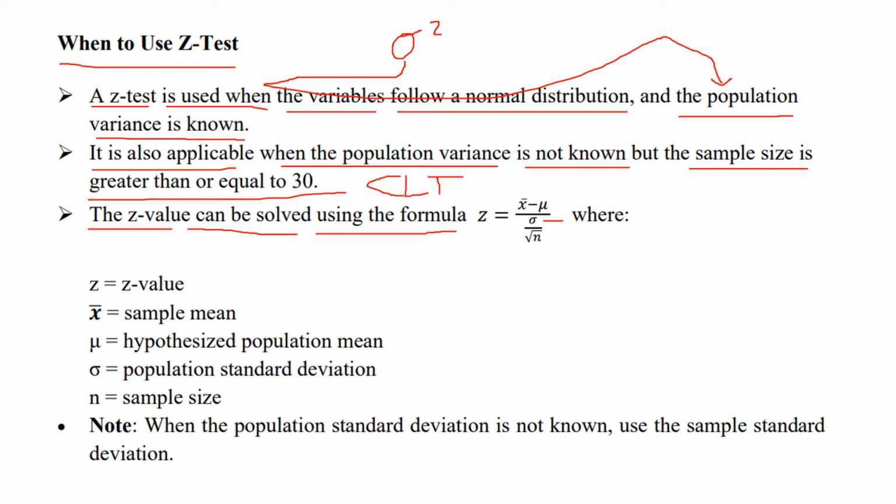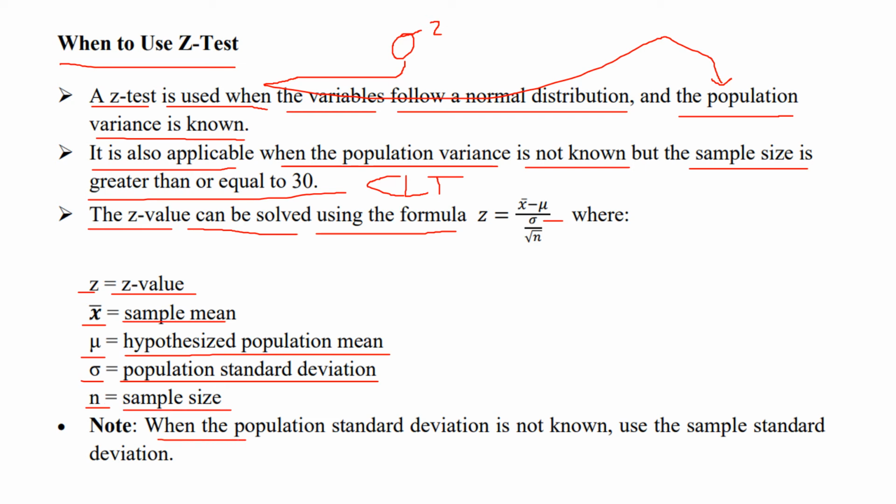Here, Z is your Z value, X bar is your sample mean, and mu is your hypothesized population mean, because we often use mu to represent your null and alternative hypotheses. That's why we consider mu as your hypothesized population mean, to be subjected to verification in your test statistic. Sigma is your population standard deviation. n is still your sample size.